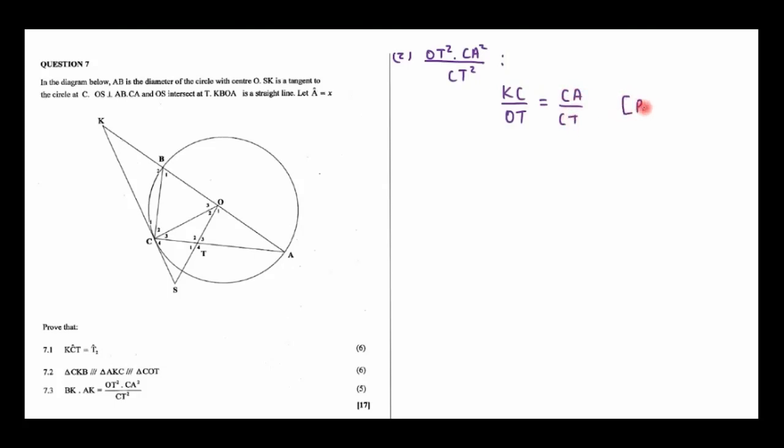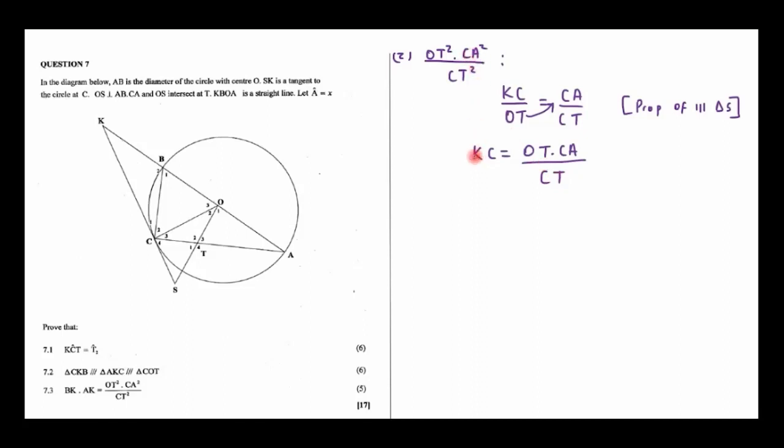So here, these are proportional sides of similar triangles, right? I can name those triangles if I want to, but it's fine even if I don't. Now from here, I can achieve this OT if I take this OT and multiply there. By doing that, I'm left with KC being equal to OT times CA over CT.